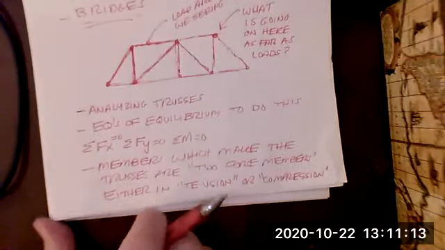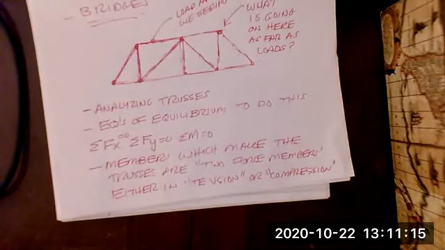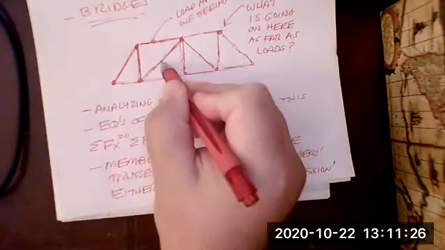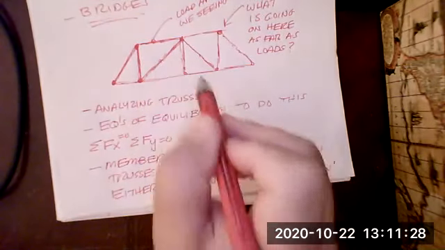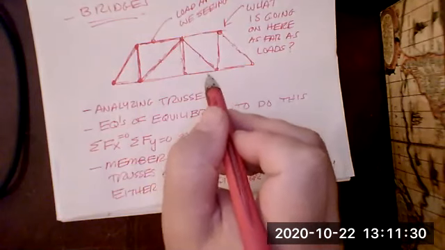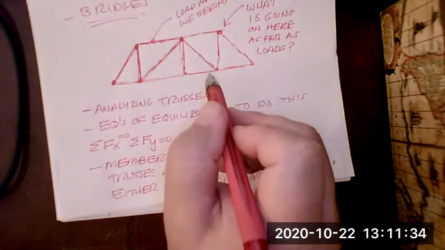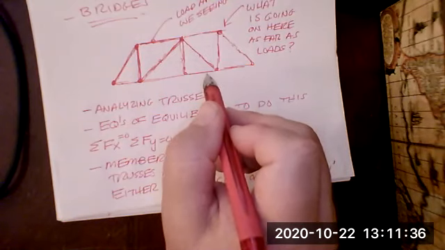We need to be able to analyze trusses as far as the equilibrium equations are concerned. And we need to know how much the internal forces are. How much is each one of these members seeing as far as force? And then later on, when you take strength of materials, is your bridge or your roof truss strong enough to support the loads?